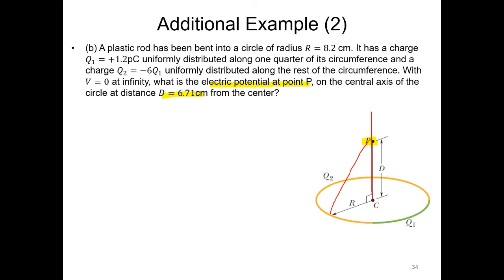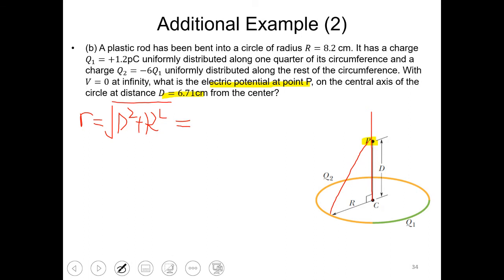So R is the square root of 6.71 squared plus 8.2 squared. So this is 10.6 centimeter.